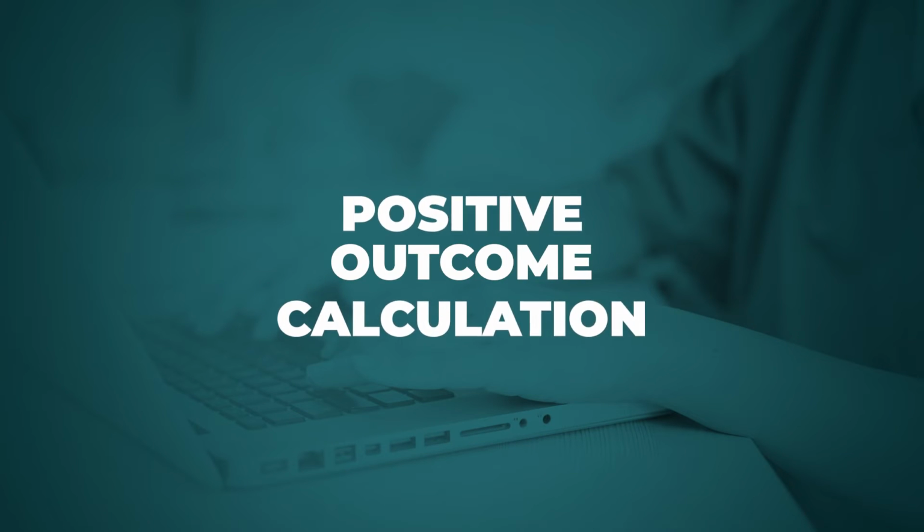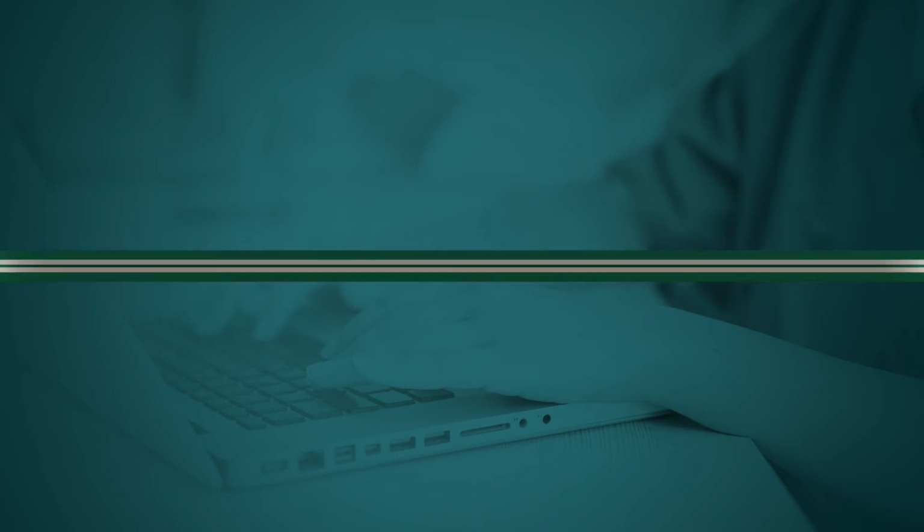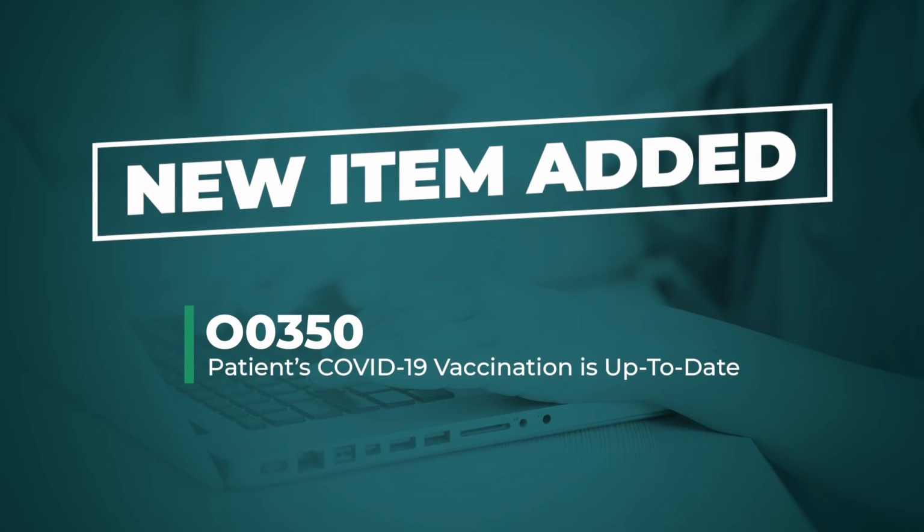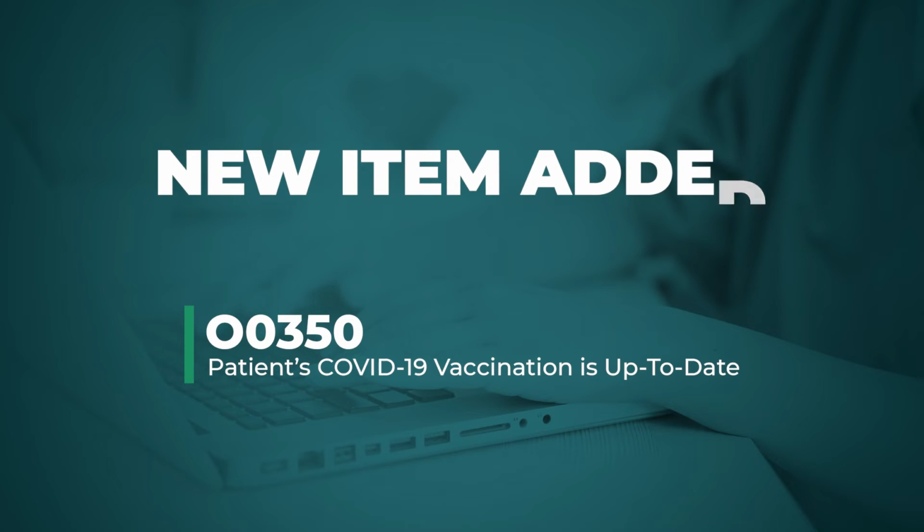In addition to these changes with the deletion of items, they will be adding one brand new item in the O section of the OASIS that is specific to the patient's COVID-19 vaccination and whether or not it is up to date.